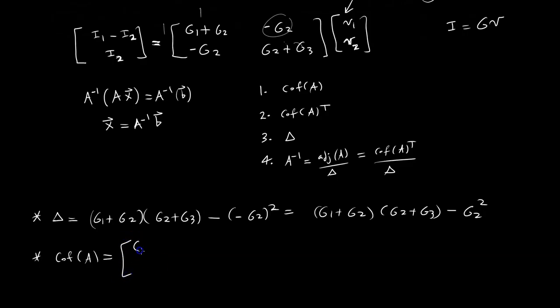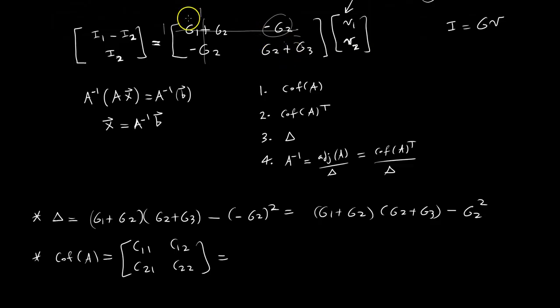So C11, C12, C21, C22. C11 is when we cover the row and column corresponding with that element and look at what remains. If you cover the row and the column of this element, you see that G2 plus G3 remains.